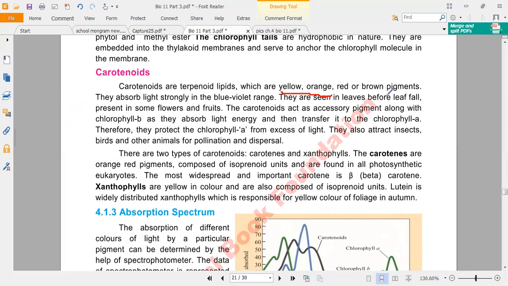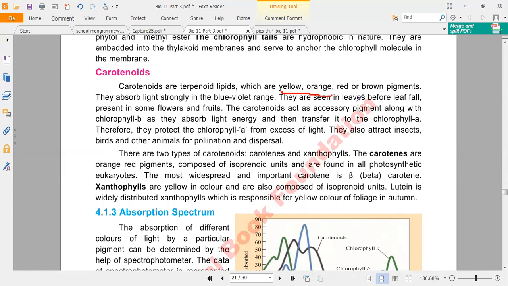They are present in those vegetables and fruits which reflect these colors. That's why we can see these colors on these fruits. For example, carrots, tomato, and pumpkin, which have a red to orange or yellow color.